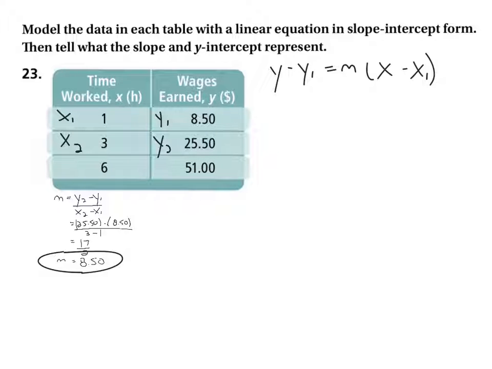And I'm going to use for that one, because we didn't need to use the point that we found the slope with, either one of those points. I'm going to use this one because it's whole numbers.